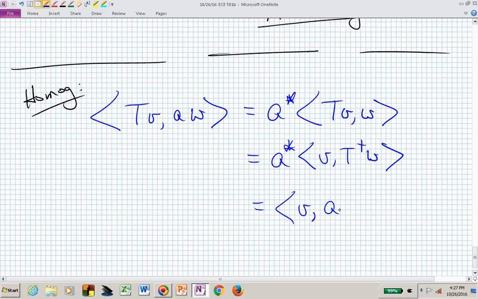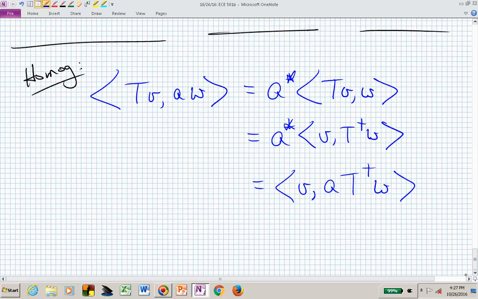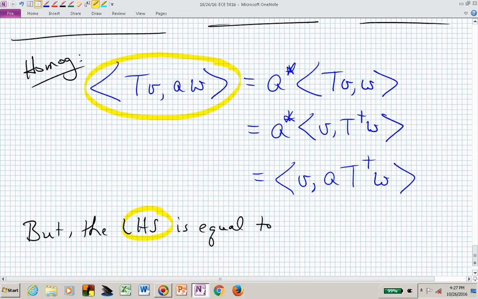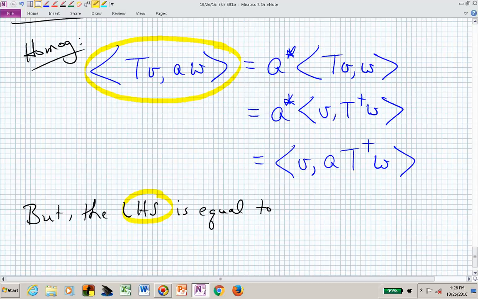Now I have to conjugate the conjugate again, so it ends up as a, T dagger W. But again, if I look at the left-hand side, using the adjoint definition, what does that equal?